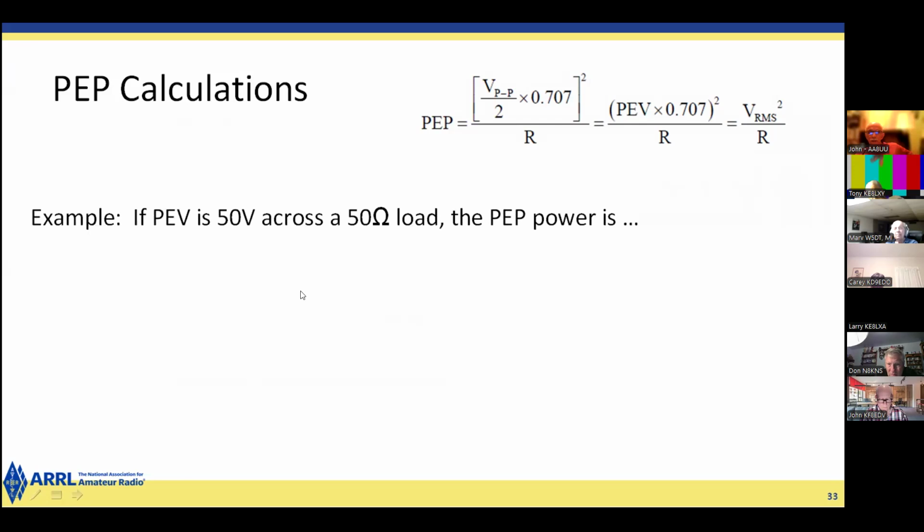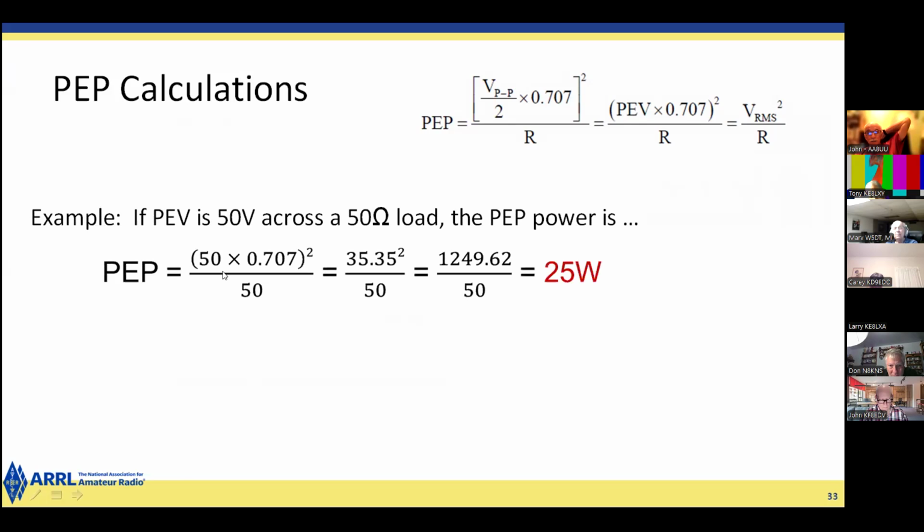For example, if the peak envelope is 50 volts across the 50-ohm load, the PEP power is 50 times 0.707 squared divided by 50, which is 25 watts. Let me go through all that. As you can see, the 0.707 times 50 is 35.35. Square that, you get 1249, and divided by 50, you get 25 watts.